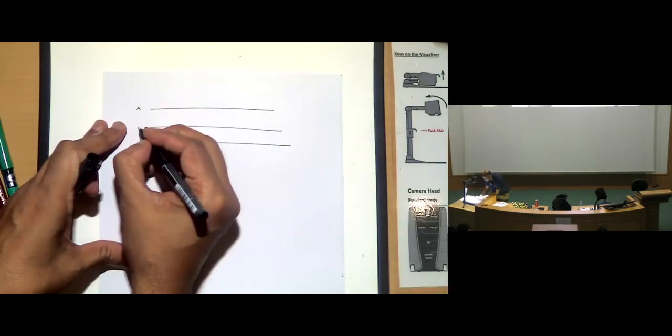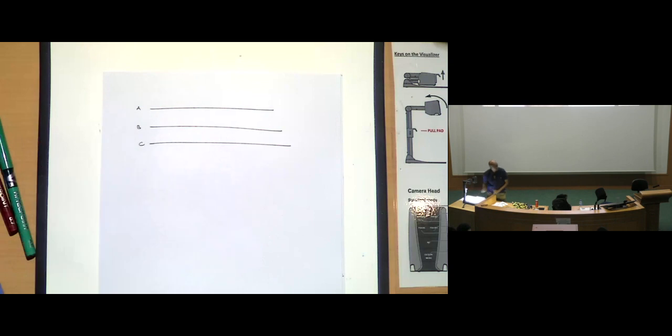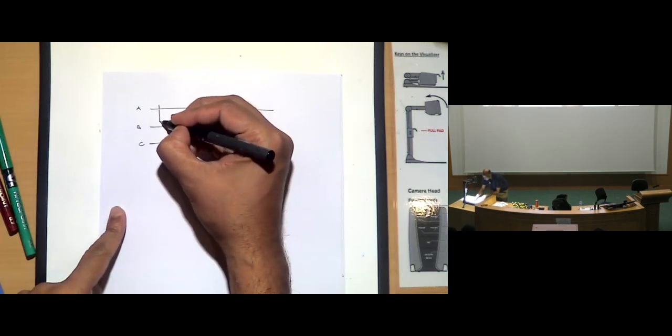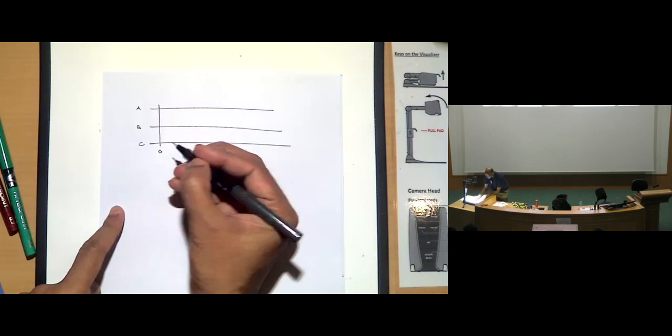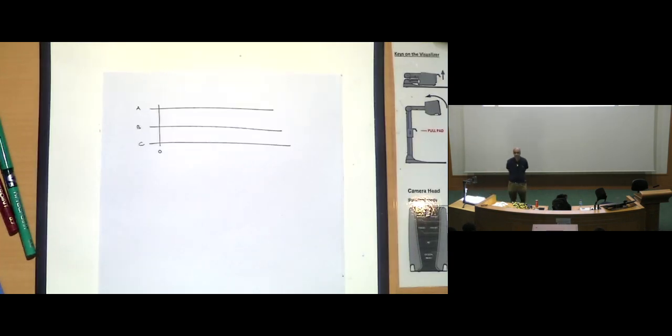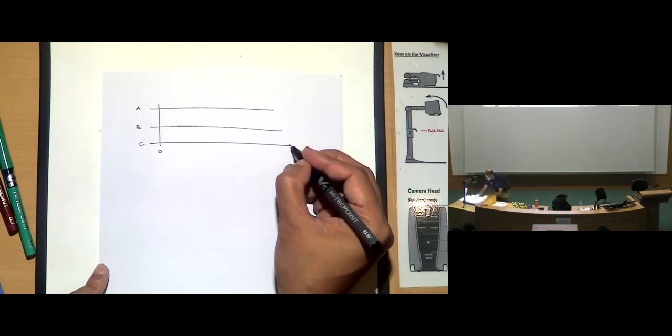Let's say there are 3 computers, A, B, and C. They all want to transmit. One thing is they will all have to agree on the same time. Right? Their clocks are synchronized, which is tough, but has to be. And then this is time.